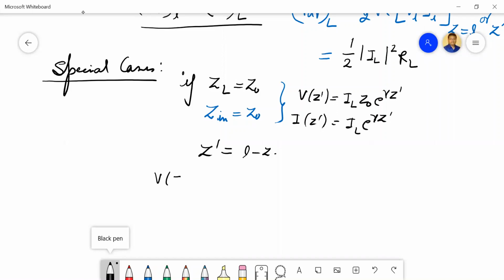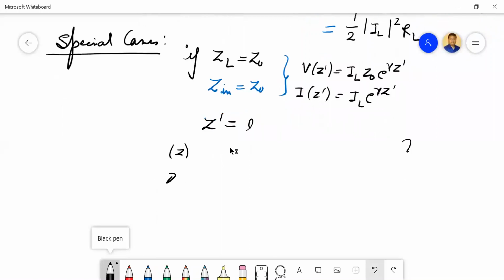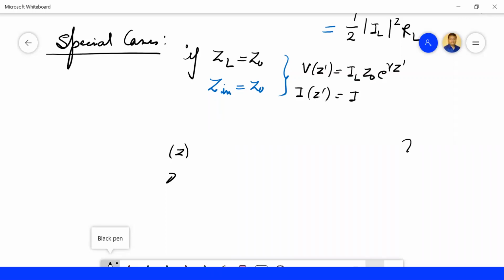So these Vz, just a minute. I'm just closing and then opening this again.